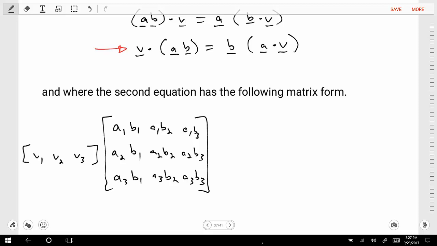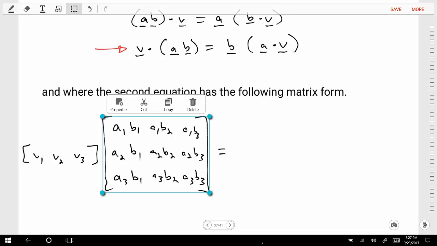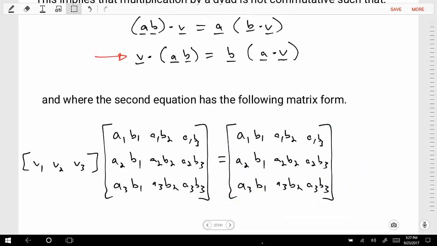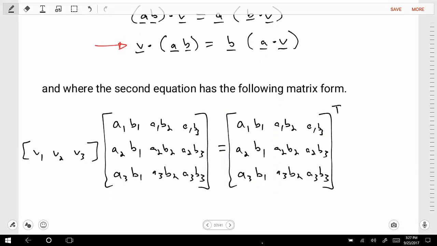Okay, so we've got the left-hand side of equation 2. For this to be true, our right-hand side would have to be equal to the following. The right-hand side must be equal to the transpose of that tensor times V1, V2, and V3.